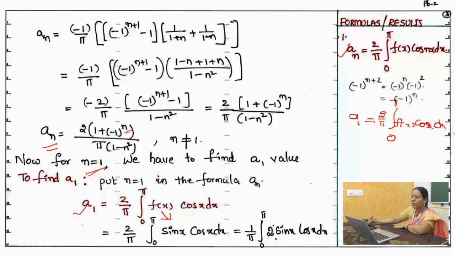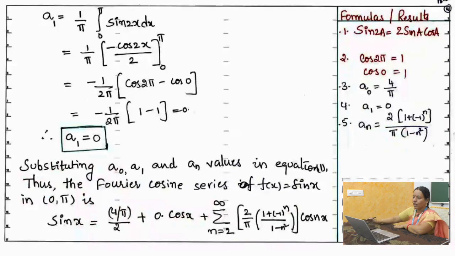What is the formula for 2 sin x cos x? Nothing but sin 2x. Using this formula, integrating and substituting the upper and lower limits, finally you get a1 equal to 0. So till now you have calculated the values of a0, a1 and an.